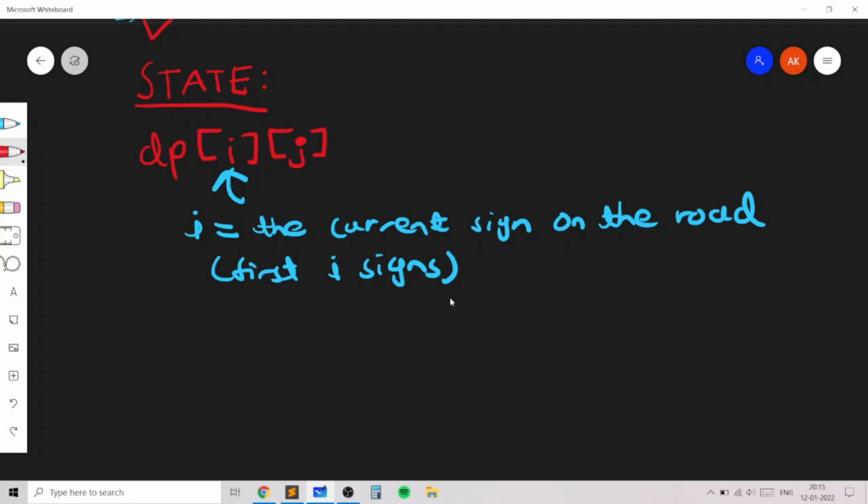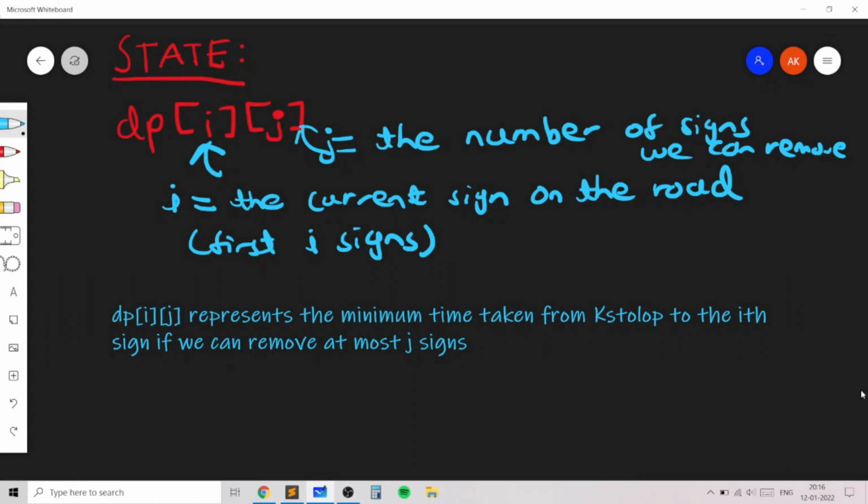If we want to reach the ith sign from the starting city, j is equal to the number of signs which we can remove, and dp[i][j] basically represents the minimum time taken.